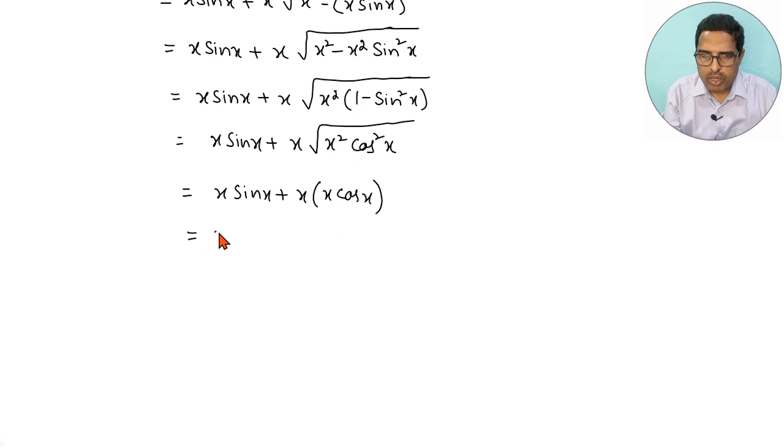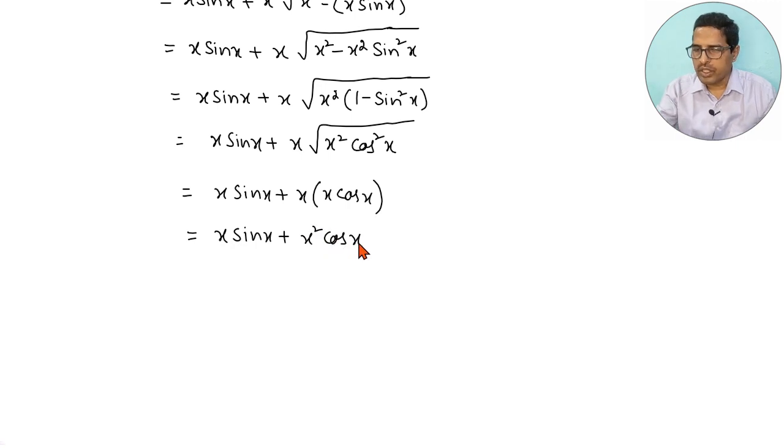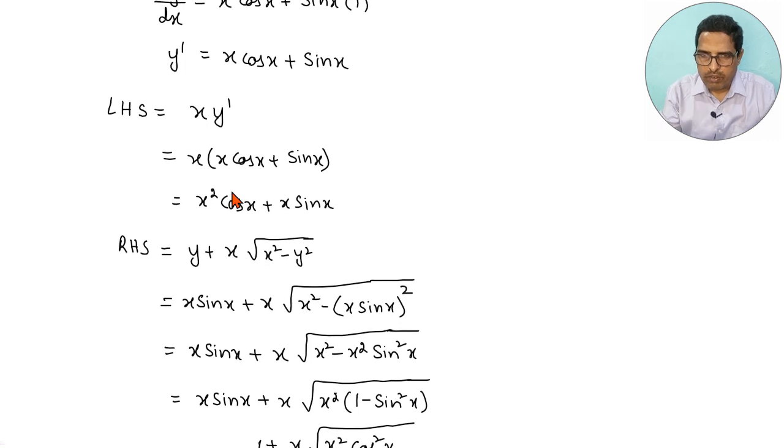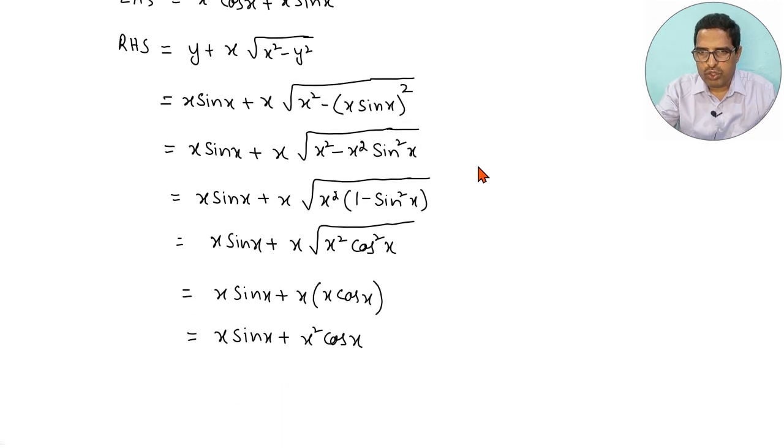So this is nothing but x into sine of x plus x into x, which is x square cos of x. Now let's check the left hand side, LHS. It is x square cos of x. If you want, you can rewrite one more step here. First write x square cos of x, next write x sine of x.